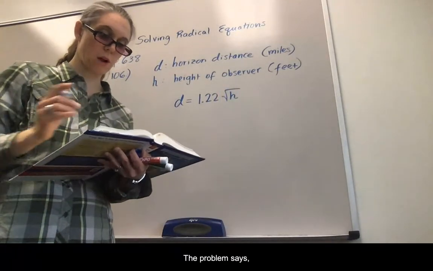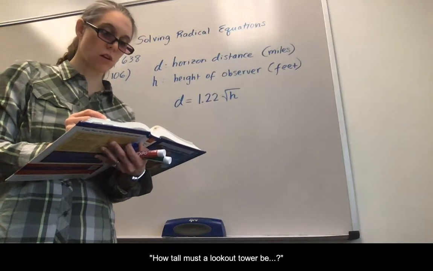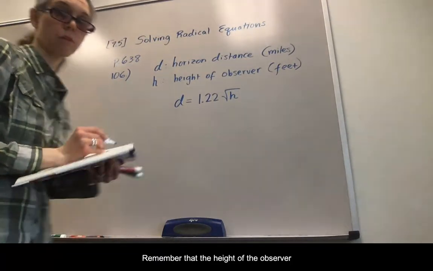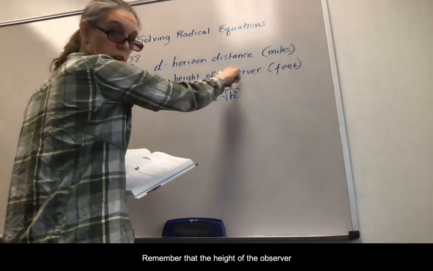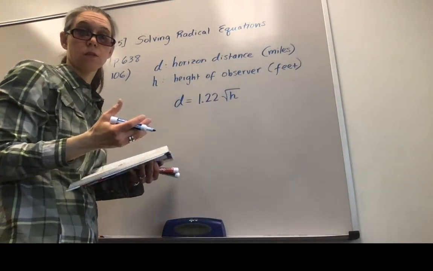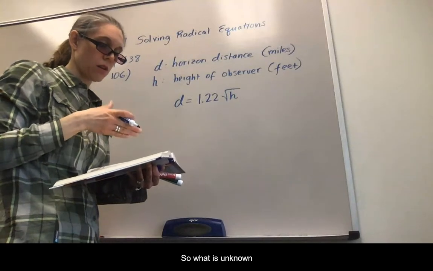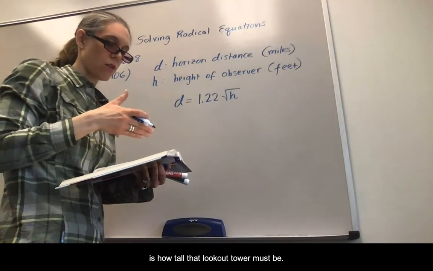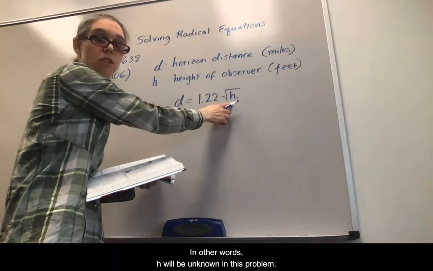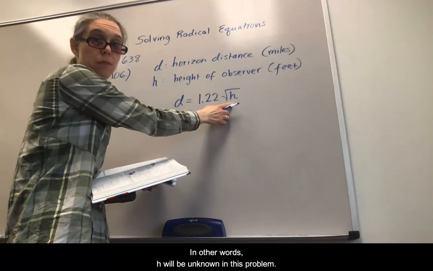Now, the problem says, how tall must a lookout tower be? Remember that the height of the observer depends on the height of the lookout tower. So what is unknown is how tall that lookout tower must be. In other words, h will be unknown in this problem.